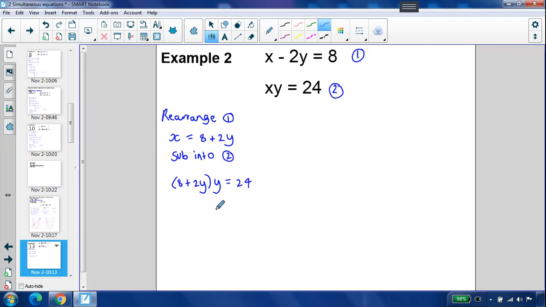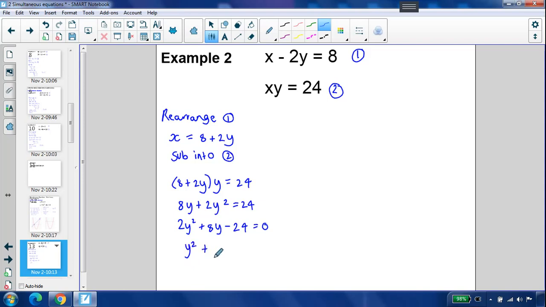Now this is just written in a weird way, but it's just an expand. So I'm going to expand this out. I'll have 8y plus 2y squared is equal to 24. Now I'm going to rearrange, put the y squared at the front and move the 24 over. And now I'm actually going to divide by 2 before I factorise because it will make it easier.